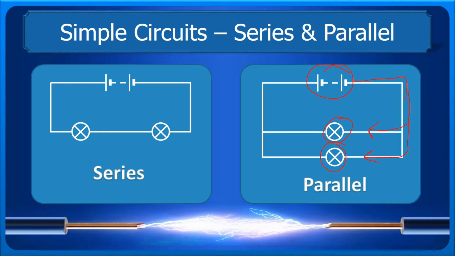Obviously the electrons don't make a choice, but some of the electrons will go one way and some of the electrons or the current will go the other way. And then these will continue, eventually joining back up together and back to the power supply.